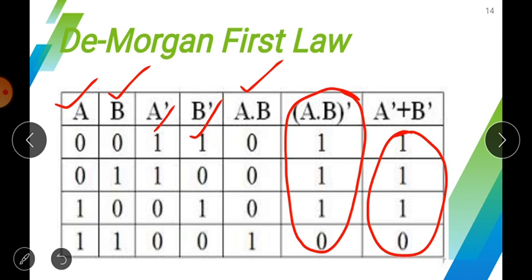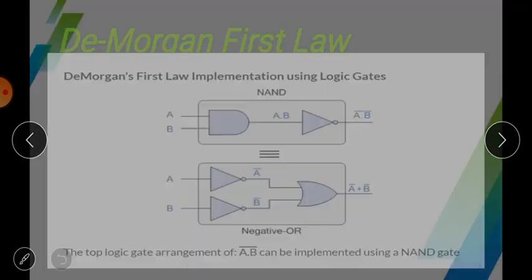You can see the values for these two columns are exactly the same. So De Morgan's first law is verified, which says the AND function is converted into the OR function by complementing the variables.